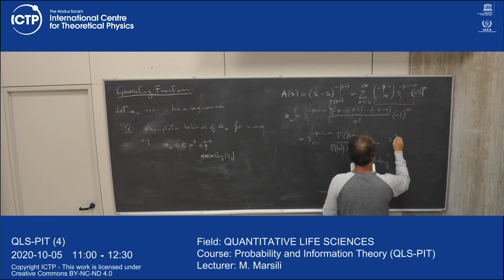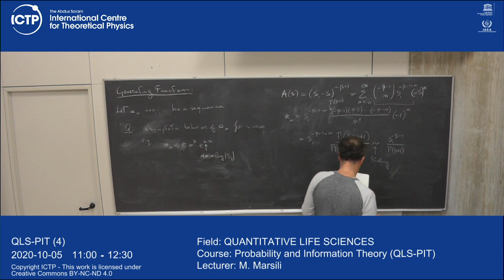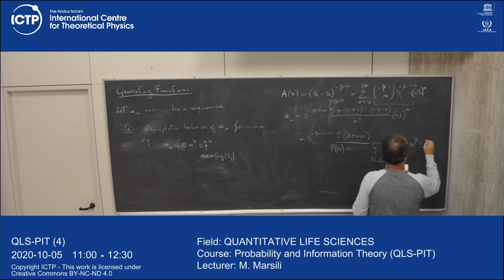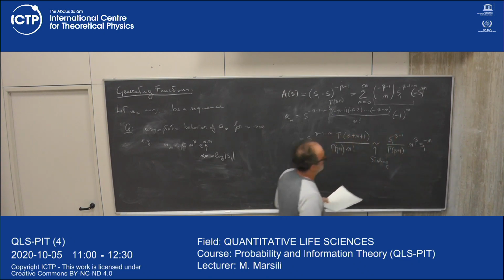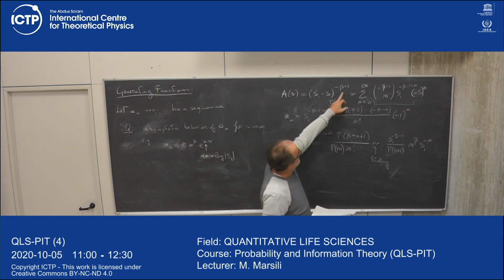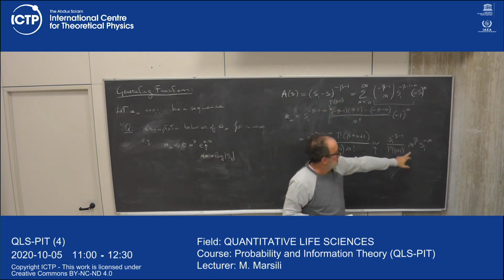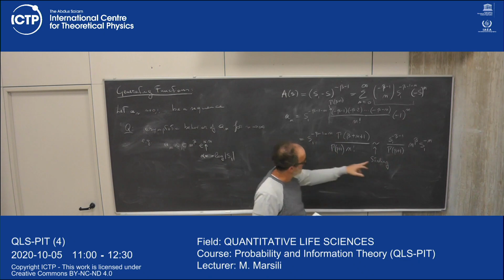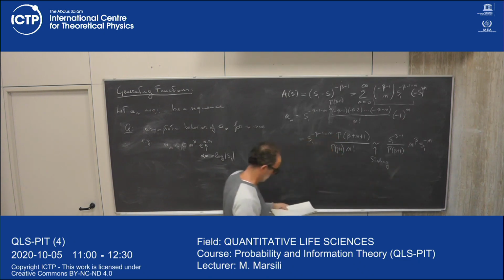So I give you this as an exercise, but essentially what you get is a coefficient which is S to the minus beta minus 1, S1 divided by gamma of beta plus 1, n times n to the beta times S1 to the minus n. Okay, so you see that the nature of the singularity essentially determines the subleading behavior of the coefficients when n goes to infinity.